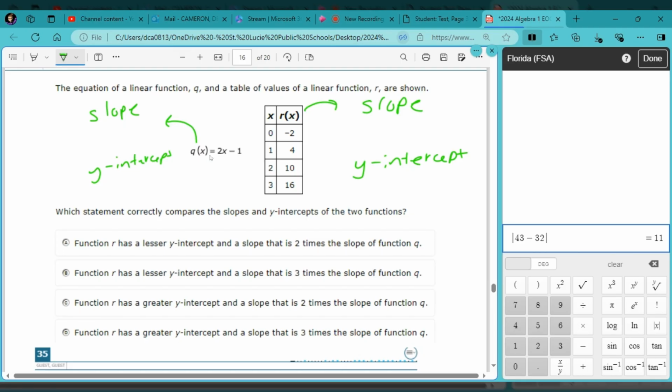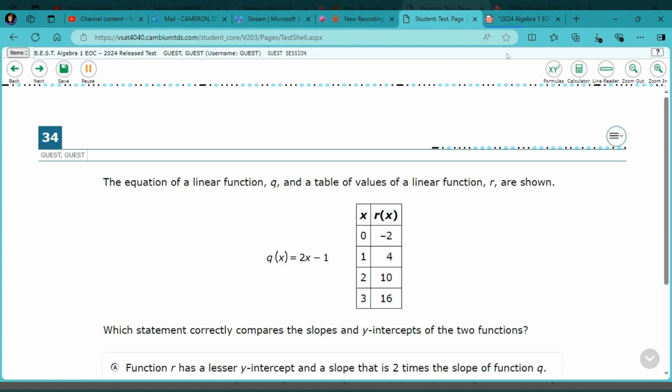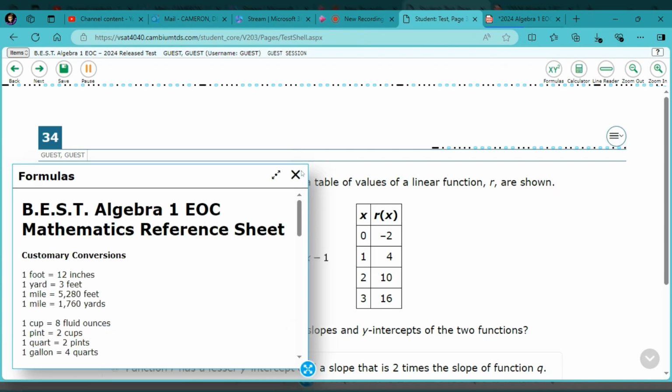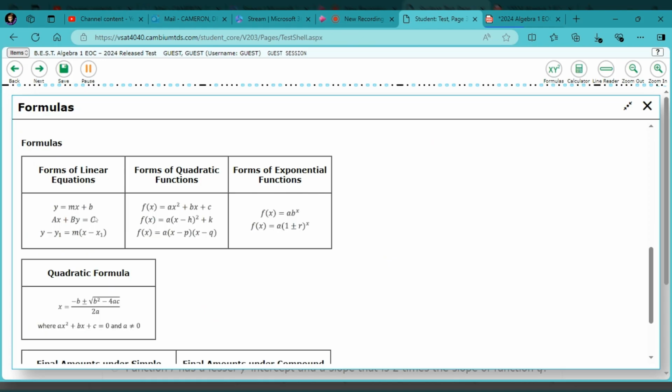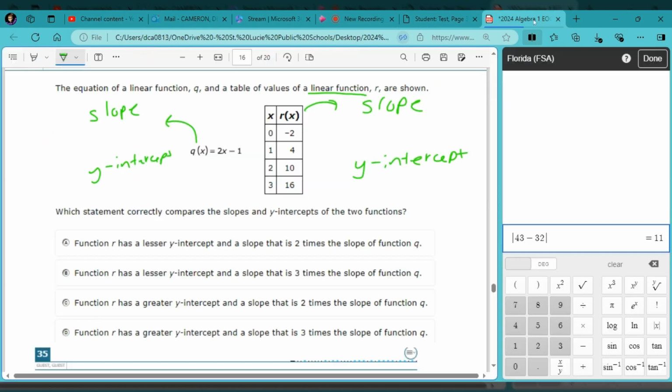So when I'm looking here, we know we got linear functions. I'm looking at this formula, and this formula is on the reference sheet. Which one does it look the most like? To me, it looks the most like the first one: y equals mx plus b.